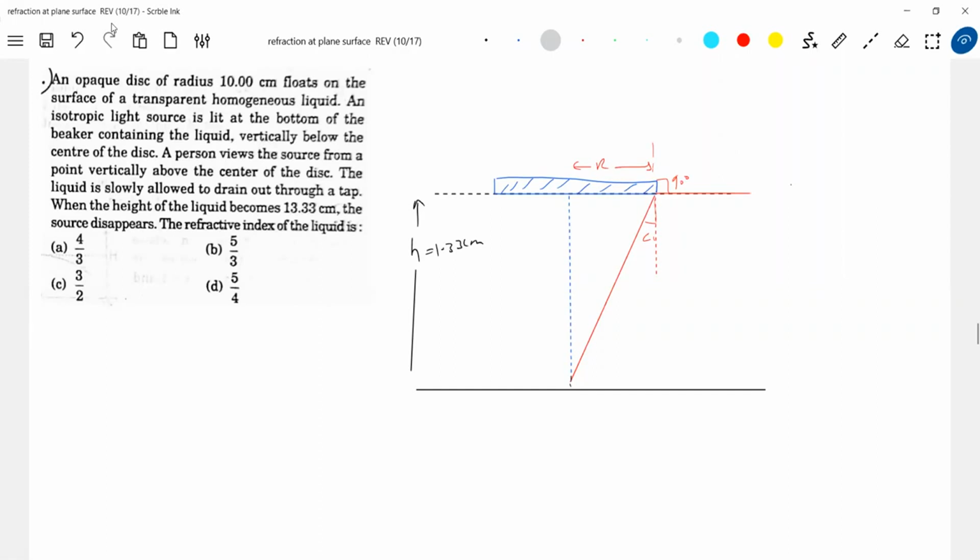As the level falls, when the level of liquid is equal to H, the ray will undergo TIR.